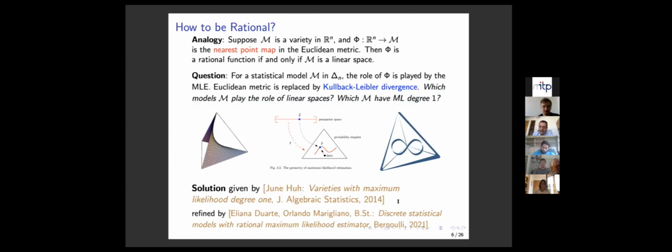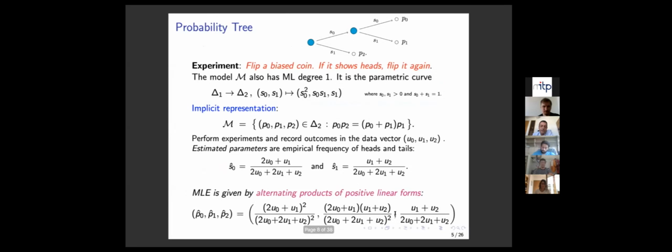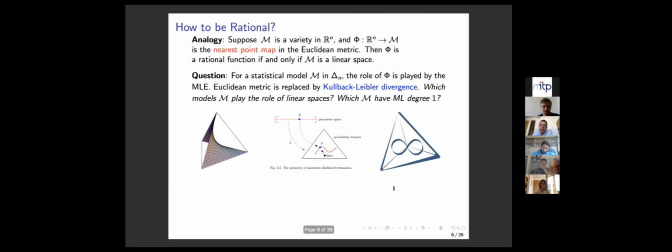And the theorem basically said what you see in these examples: the function is always given as an alternating product of linear forms with positive coefficients, making the positivity of the geometry evident.